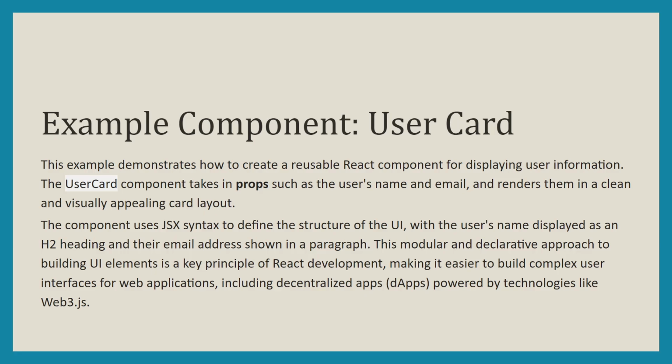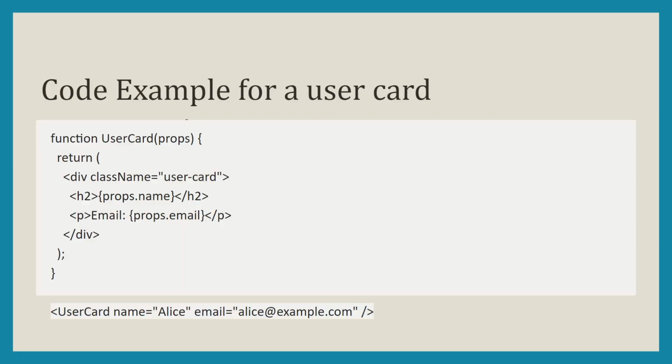The component uses JSX syntax to define the structure of the UI, with the user's name displayed as an H2 heading and their email address shown in a paragraph. This modular and declarative approach to building UI elements is a key principle of React development, making it easier to build complex user interfaces for web applications, including decentralized applications powered by technologies like Web3.js.